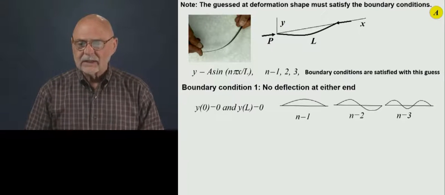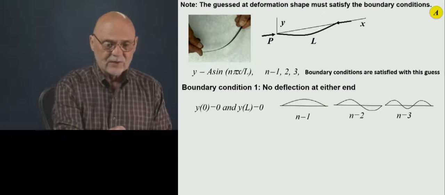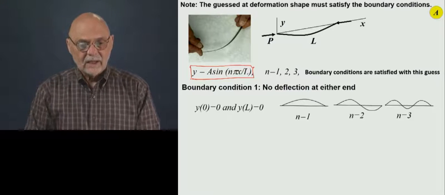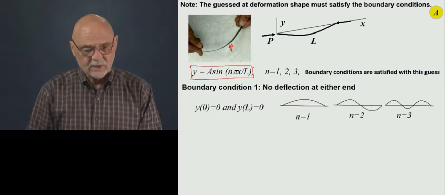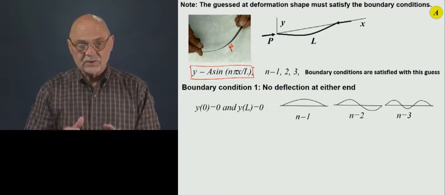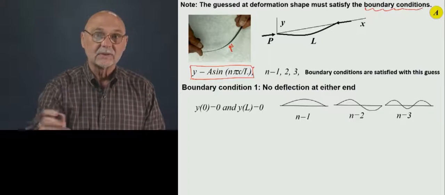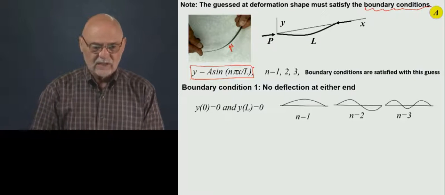Okay. So let's take a look a little deeper into this. We have a solution. We had assumed the deflected shape here, and we looked at the little video and could say, well, sine looks pretty good. But it had to satisfy more than the general shape. It had to also satisfy some boundary conditions. Okay? And boundary means the edges of the structure that we're looking at.